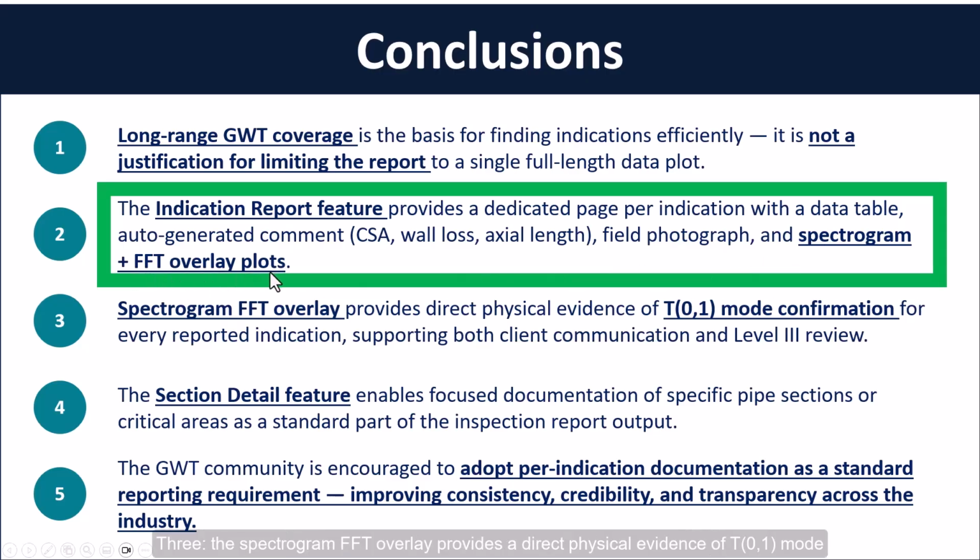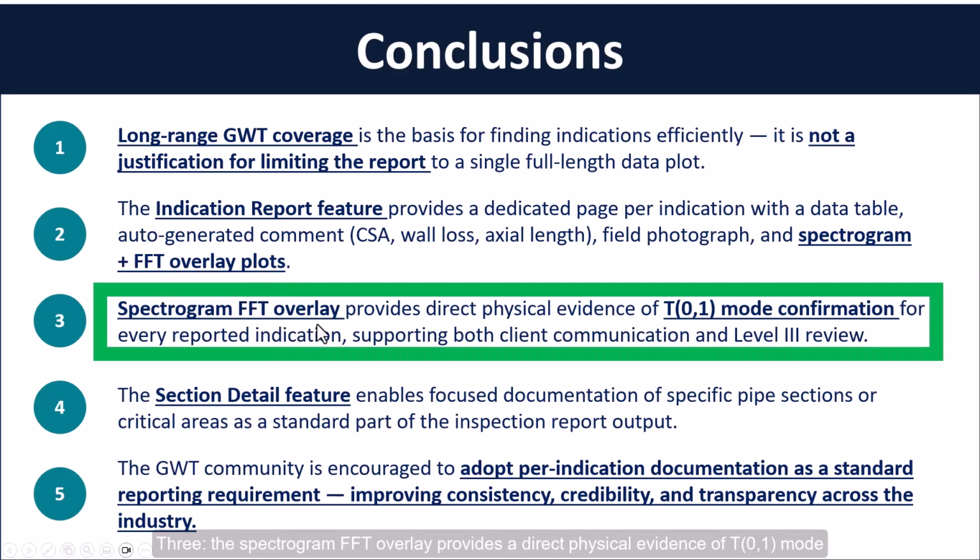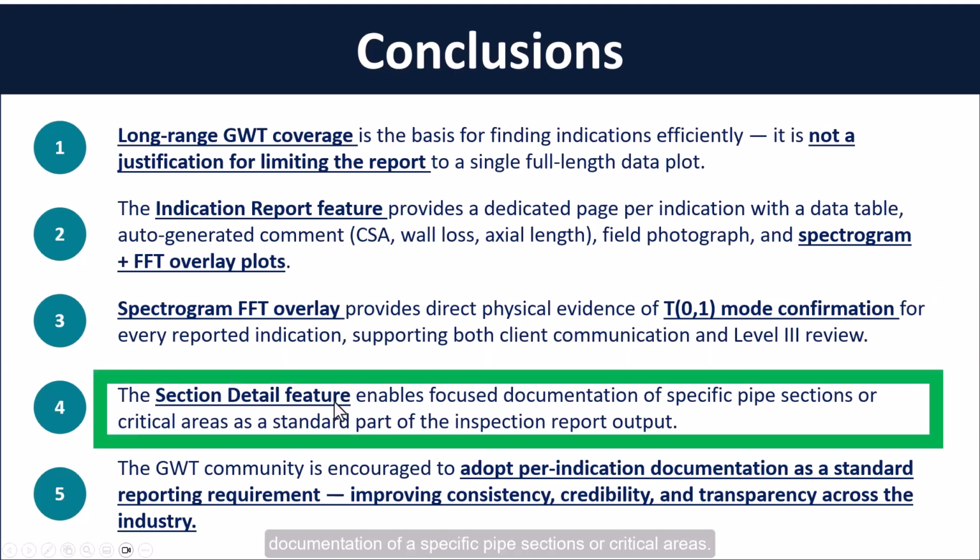The spectrogram FFT overlay provides direct physical evidence of T01 mode confirmation for every reported indication. 4. The section detail feature enables focused documentation of specific pipe sections or critical areas.